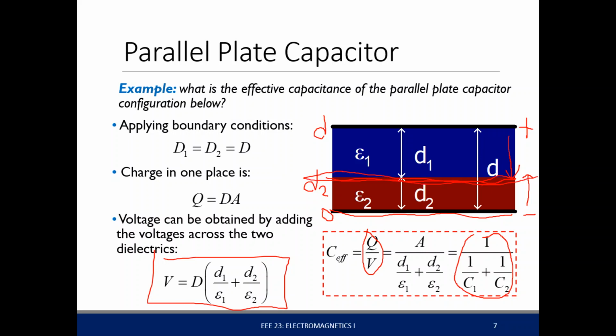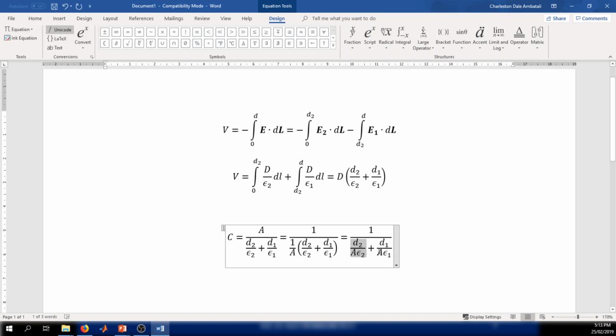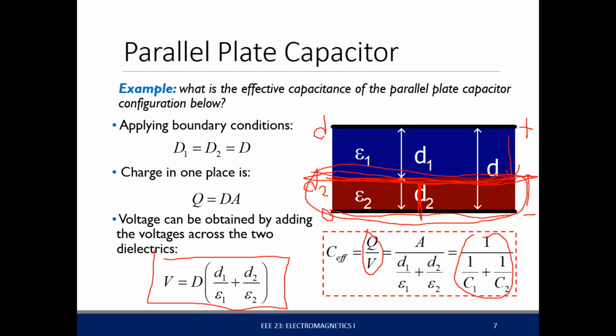If you have an imaginary conducting plate in the boundary, it's the capacitance of that distance of this quote-unquote capacitor here. And this expression is actually the capacitance if we have an imaginary plate at the boundary and this conducting plate at the top of your capacitor.